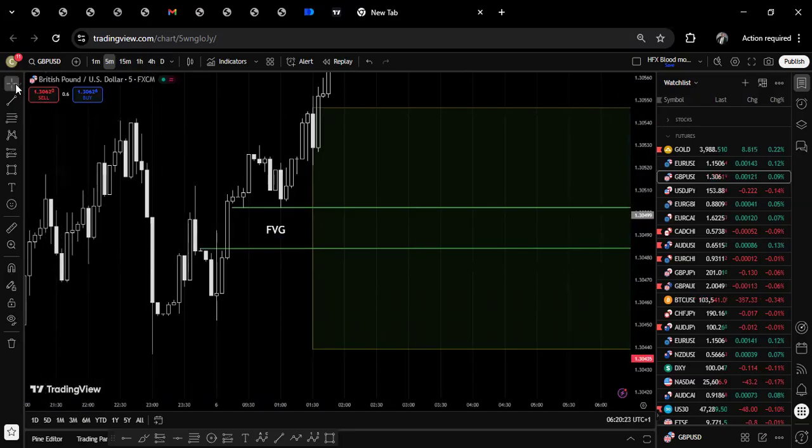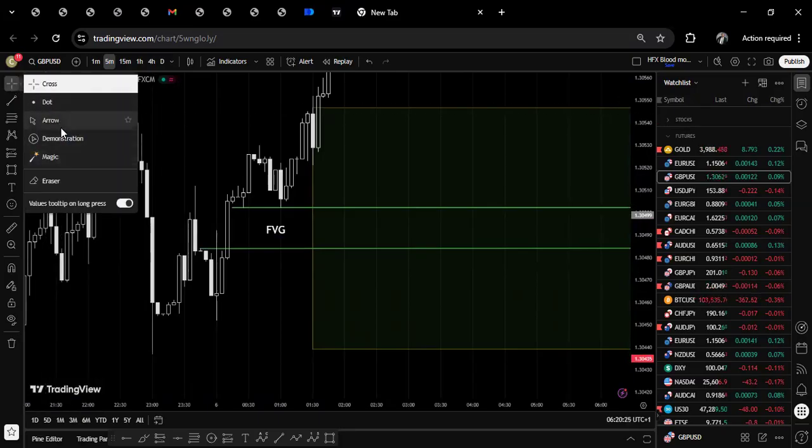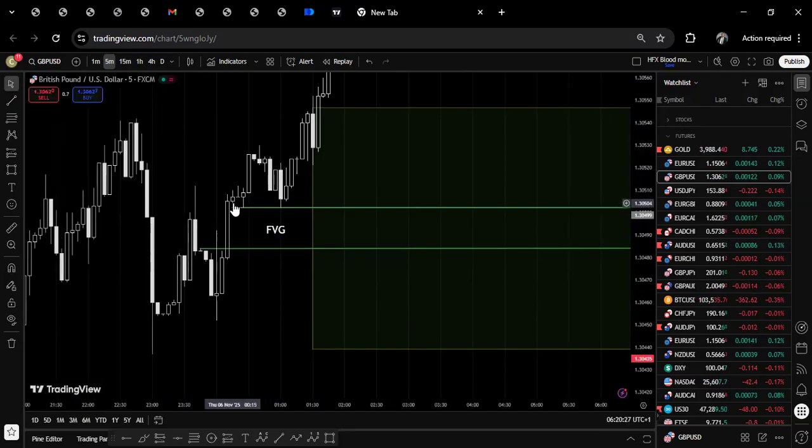right? This low, I've seen it, and this high. And as a fair value gap, it has been respected. It has been tapped into twice, right? So this fair value gap has already reacted. As it tapped into the first one, the second one disappeared.